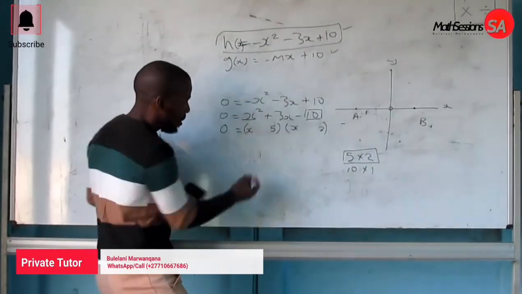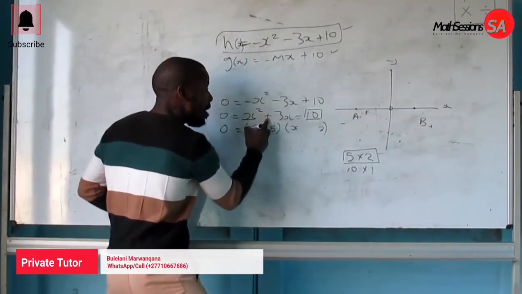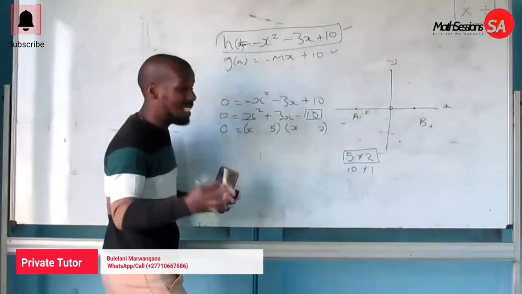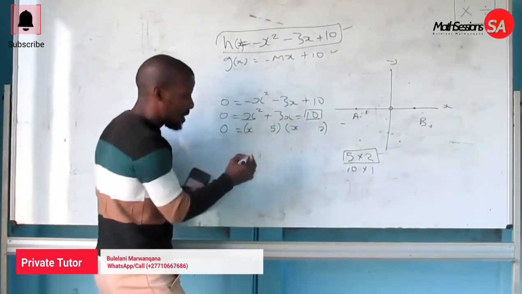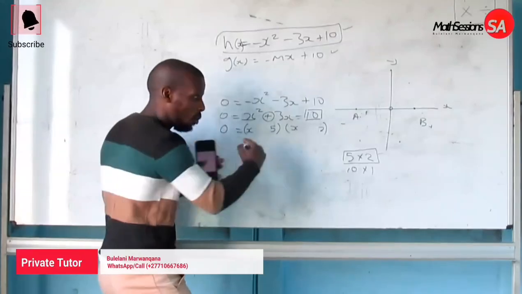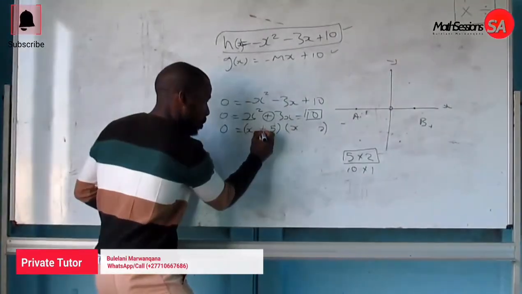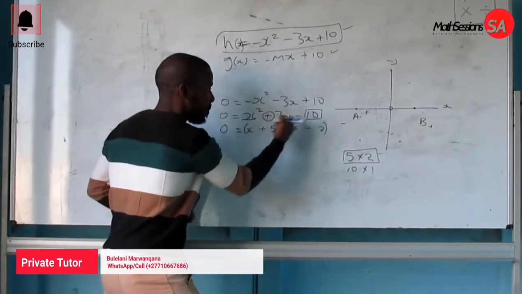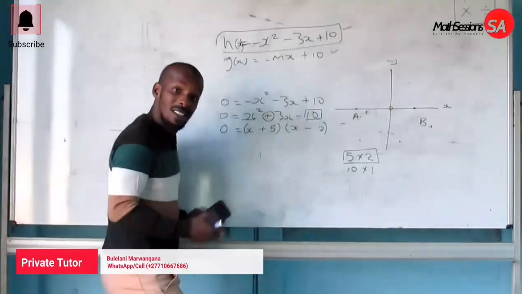Now, what are the signs? We have a negative 10 here. Between the 5 and the 2, 5 is greater than 2. The rule says the bigger number takes the sign of the middle term of the original equation, meaning 5 will take a positive. Therefore, 2 will take a negative, because our 10 is negative, and positive times negative gives us a negative.